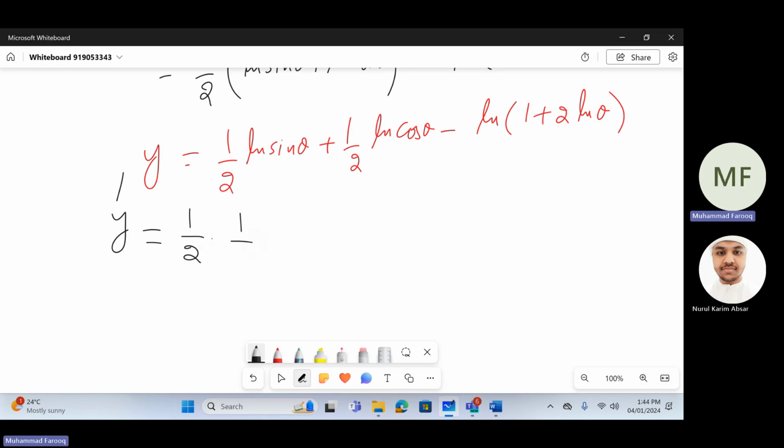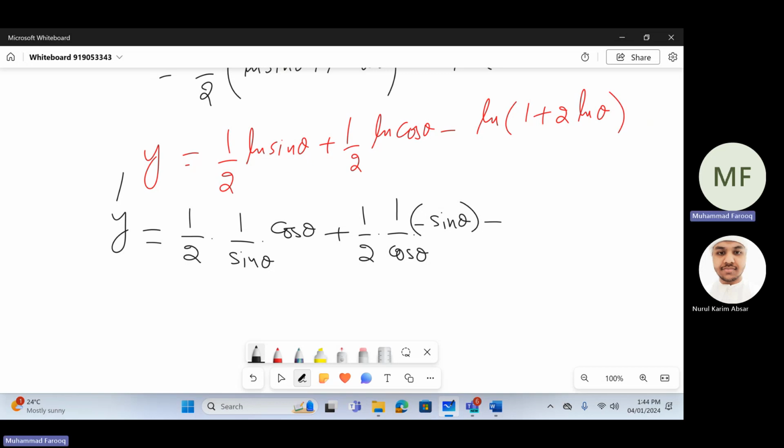So by the rule, 1 over the argument times the argument's derivative, the sine theta derivative, cosine theta. Plus again the same thing, 1 by 2 no change, please. 1 over the argument, which is cosine theta, times negative sine theta, because the cosine derivative is negative sine. Yes or no? Okay.